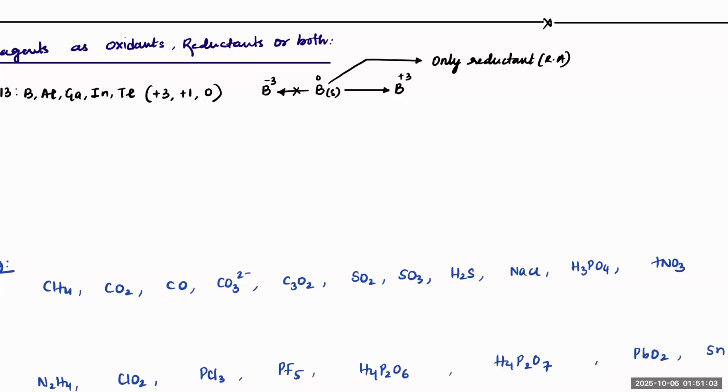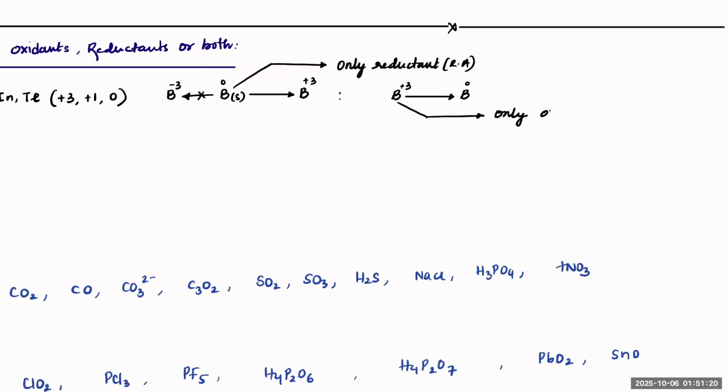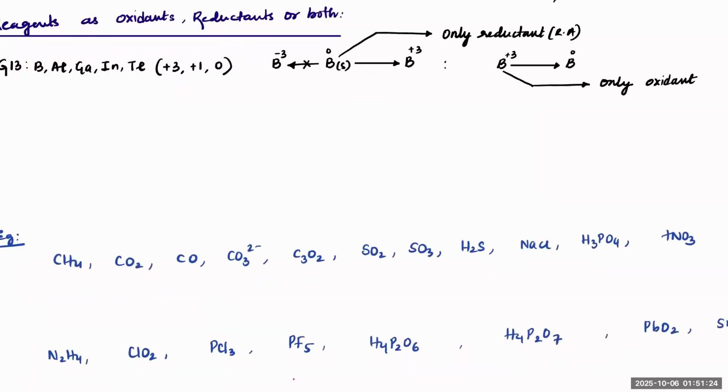Similarly, if I have some compound where boron is in +3 oxidation state, you know that +3 can only go down to boron 0. So in that case, B+3 is only an oxidant, and it cannot be both reductant and oxidant.